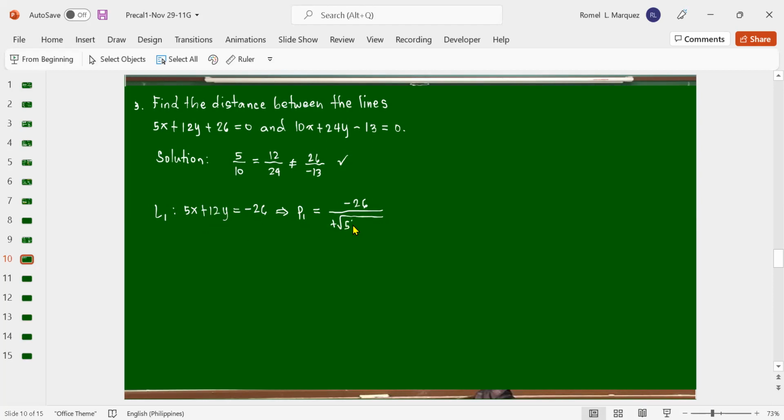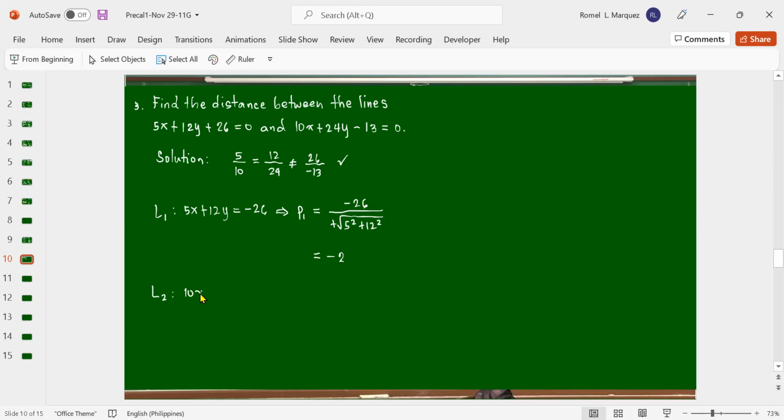So the square root of 5 squared plus 12 squared. Simplifying, we get what, guys? Negative. So 25 plus 144, 169, square root 13. So -2, no? What about line 2?